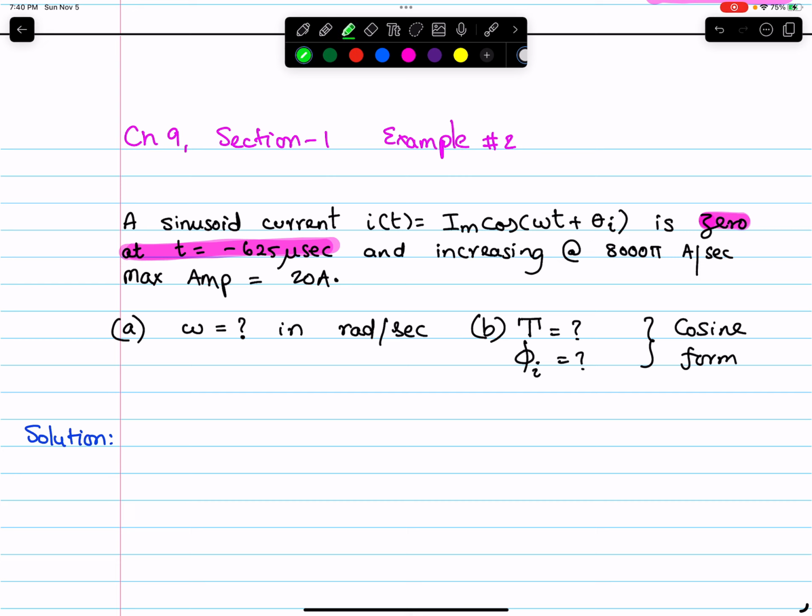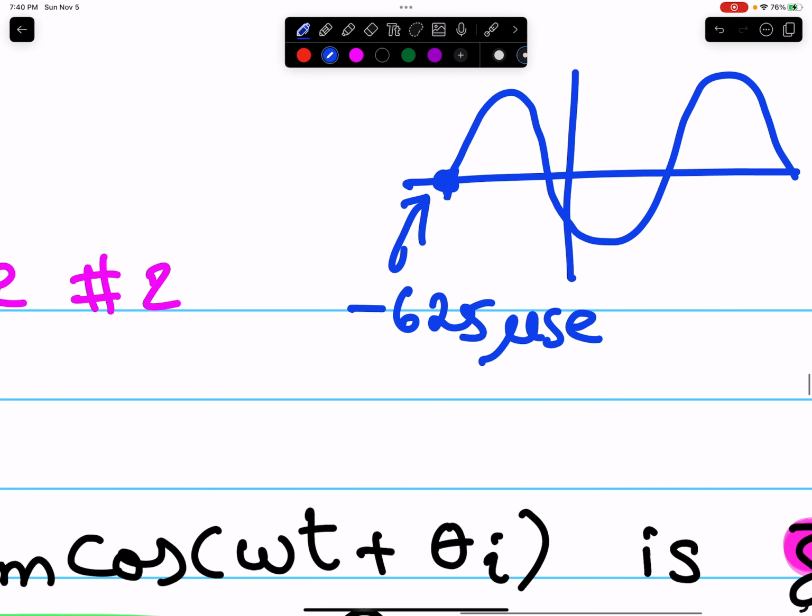Then there is also information that at t equals negative 625 microseconds, if I am to plot this, the value is increasing, right?